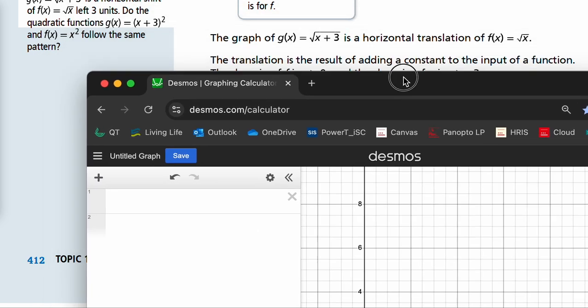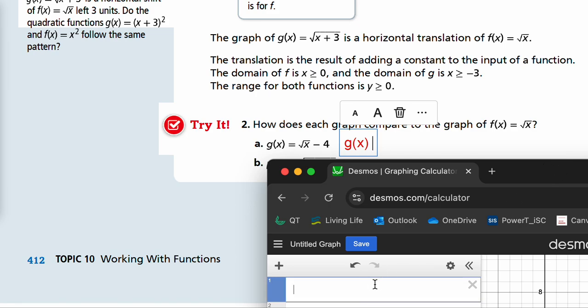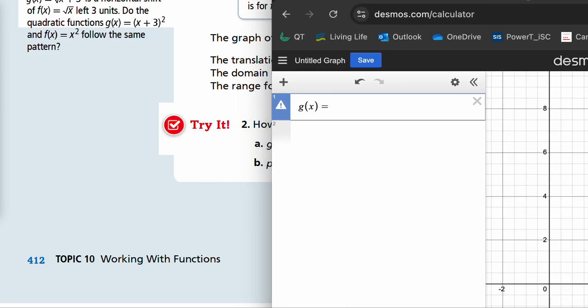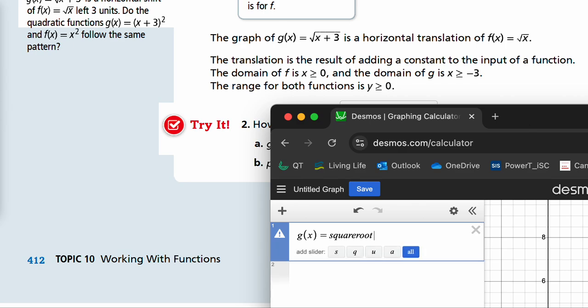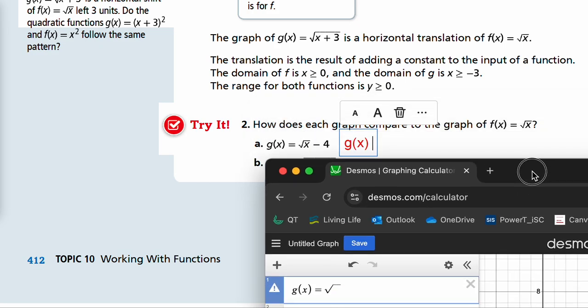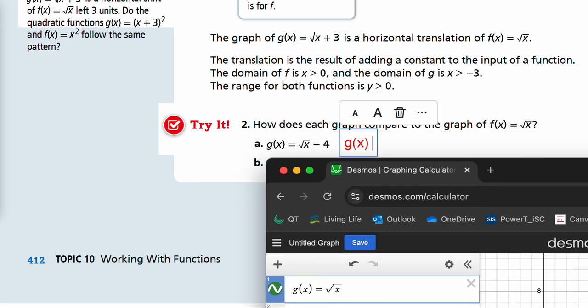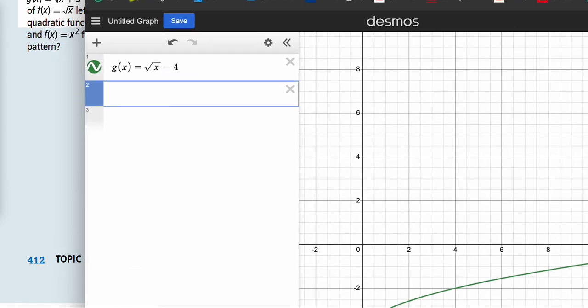So g of x is square root of x minus 4, right? And then your parent function f of x is equal to square root x.